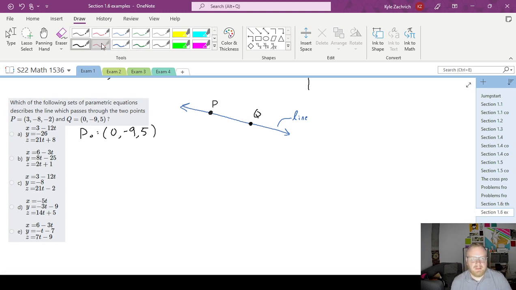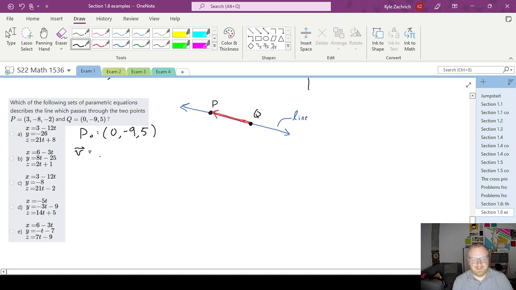And then if you want to make a direction vector on here, here's a good one. This vector here, QP. So I'll just do a very symbolic version of this.